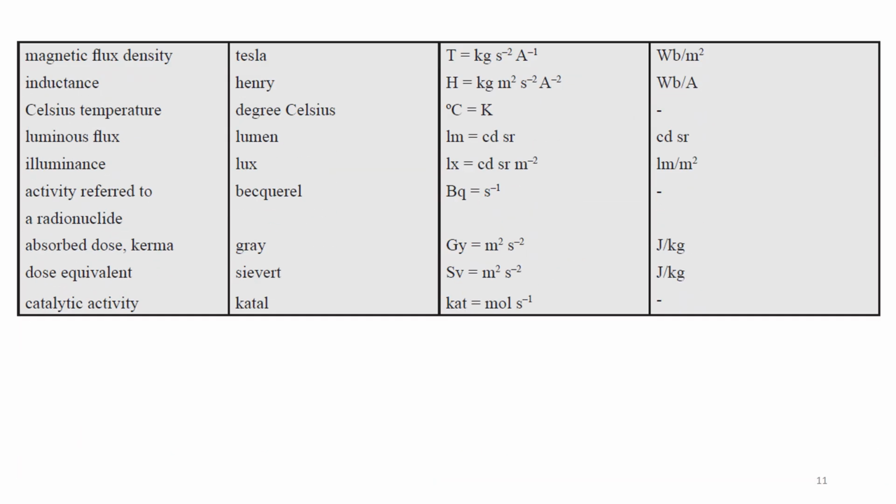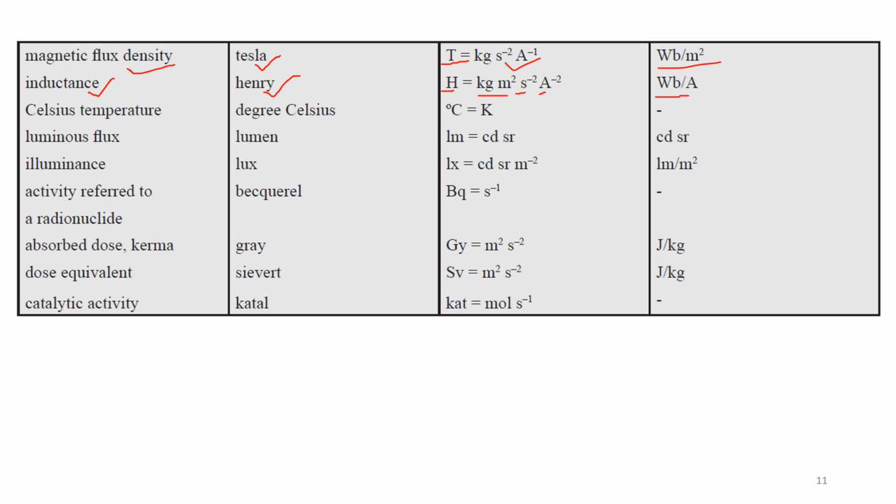Next, magnetic flux density is Tesla, denoted by T, kg per second square per ampere, which is Weber per meter square. Inductance is Henry, denoted by H, kg meter square per second square per ampere square.